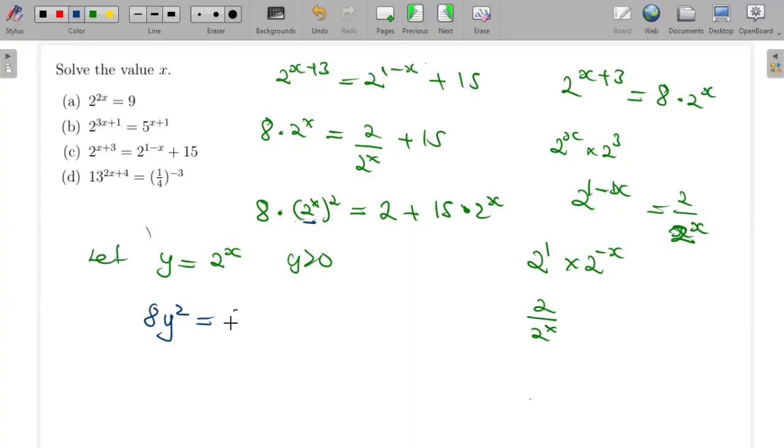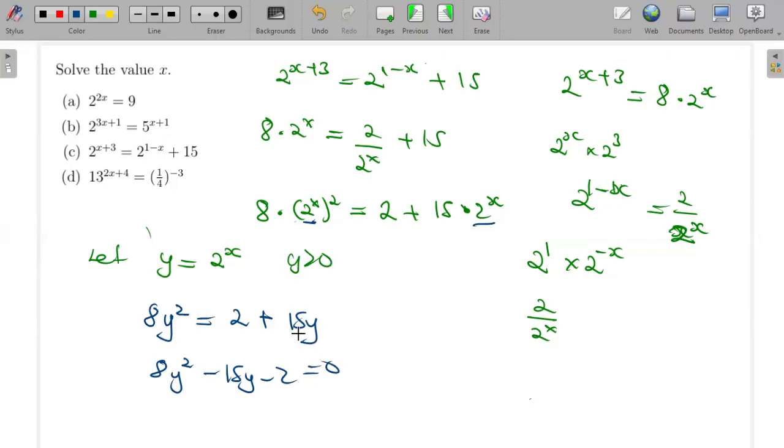This is going to be equal to 2 plus 15 times y. Then from here we can form a quadratic equation. So we're going to have 8y squared. I bring the negative to the other side, negative 15y, and then I bring the 2, it becomes negative 2, and this will be equal to 0. So I have a quadratic equation like that.